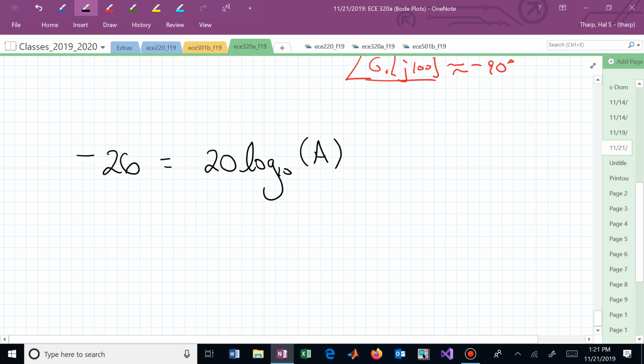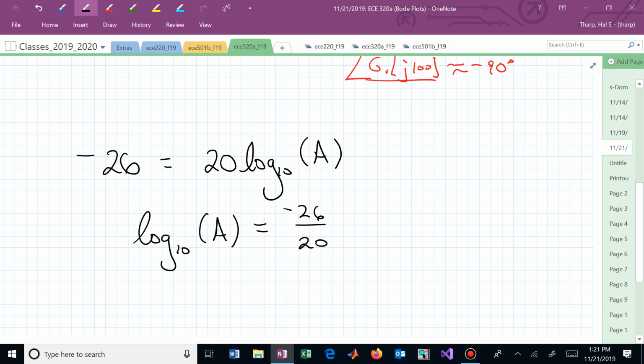We just want it to be in dB, so that's 20 log of A. Now we have log base 10 of A is equal to minus 26 over 20. And how do we take the anti-log base 10? We just raise everything to the power 10.